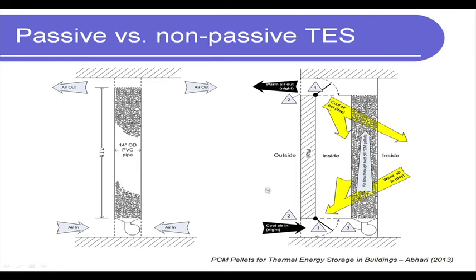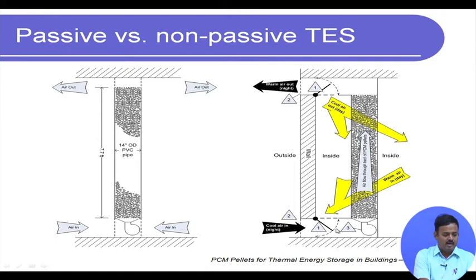So this is, for example, the outside wall, then you have these pillars, and then you have the inside of the room. During the night time, the cold air comes in and flows through the PCM, and the warm air goes out during the night, clear. During the daytime, the cool air comes in and goes out in this manner. So this is the inside.